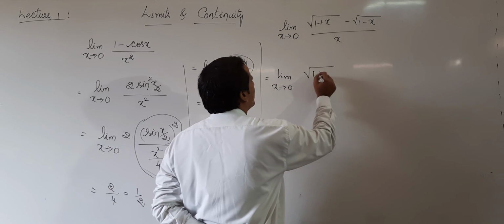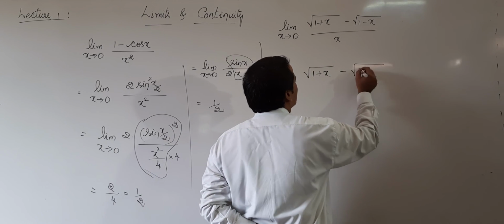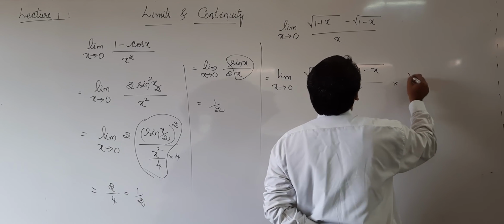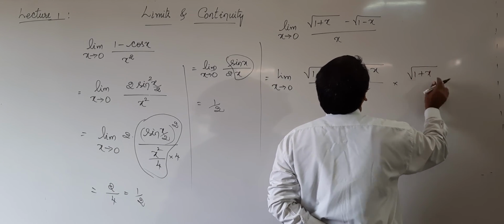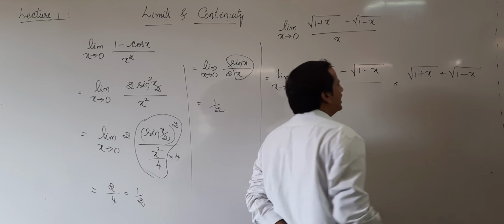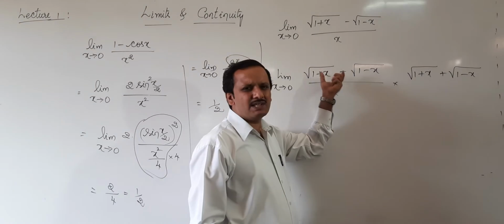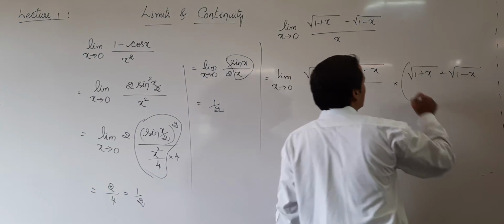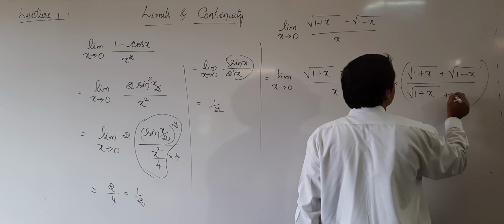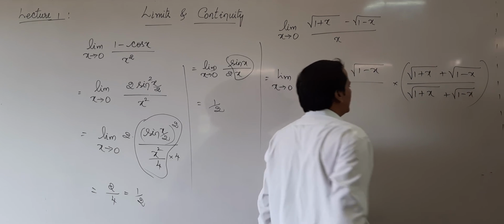That is, we will multiply and divide by root of 1 plus x plus root of 1 minus x. I am rationalizing this.